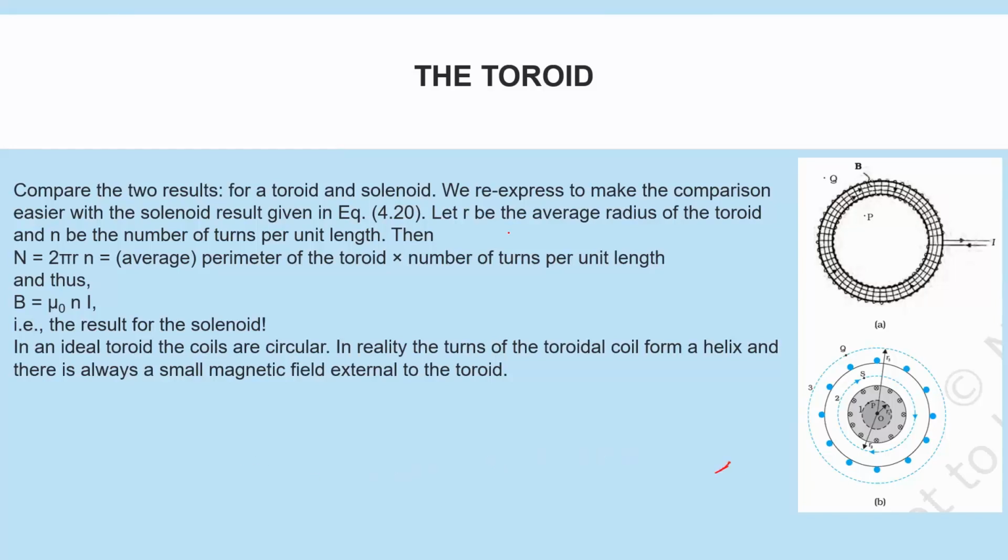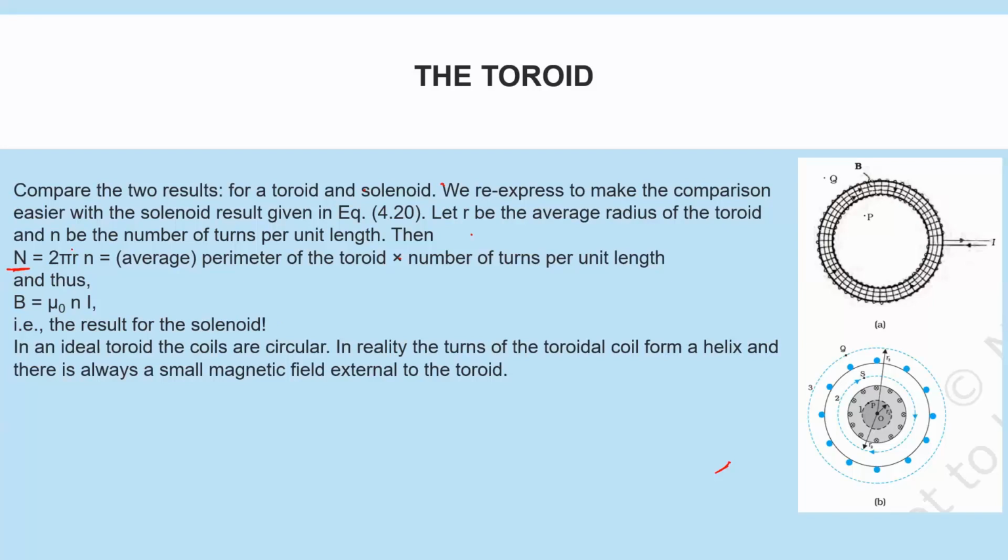So if we consider R to be the average radius of the toroid and n is the number of turns per unit length, then your total number N is equal to 2 pi R n, that is the average perimeter of toroid multiplied by number of turns per unit length. So the big N is the total number of turns. And then what we get from here is B equals mu 0 n I. That is the result of solenoid.